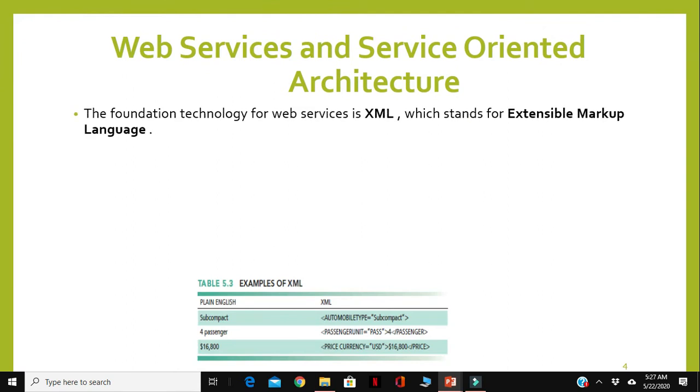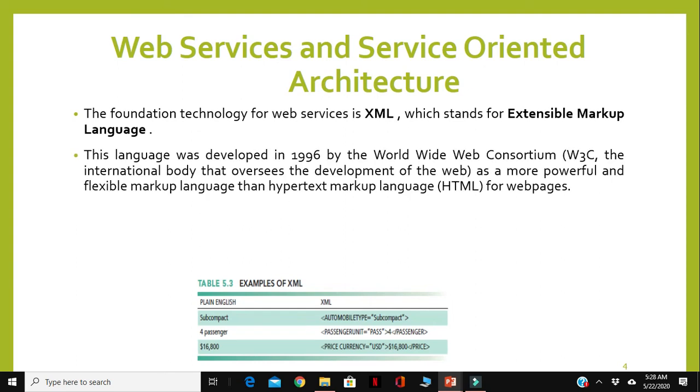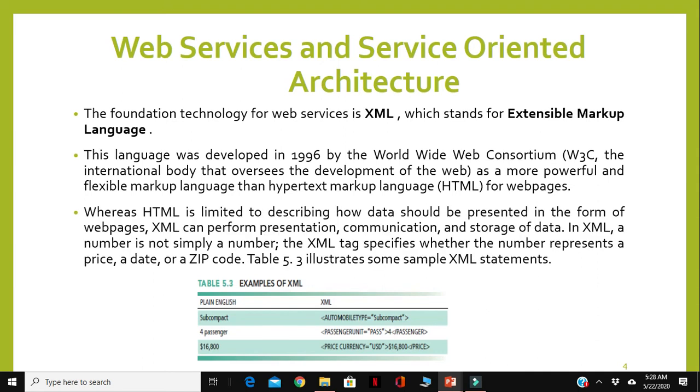The foundation technology for web services is XML, which stands for Extensible Markup Language. It was developed in 1996 by the World Wide Web Consortium as a more powerful and flexible markup language than HTML. XML has the ability of describing the data.